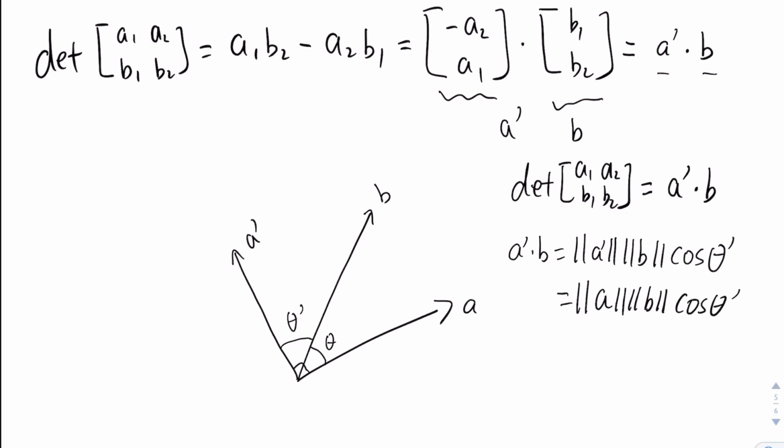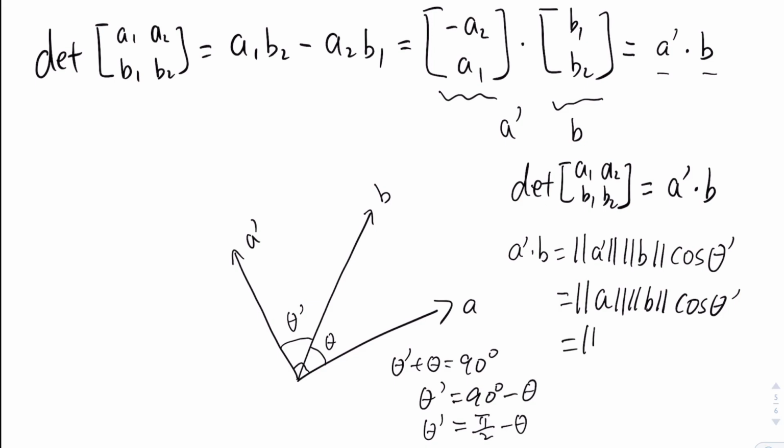Now, one more thing to notice, that theta prime plus theta is 90 degrees, which means theta prime equals 90 degrees minus theta, which can also be written in radians as pi over 2 minus theta equals theta prime.